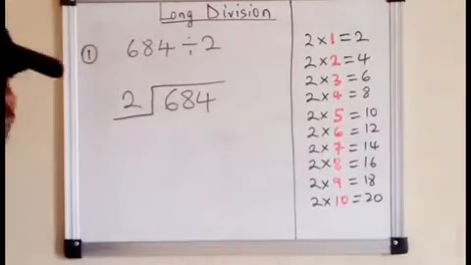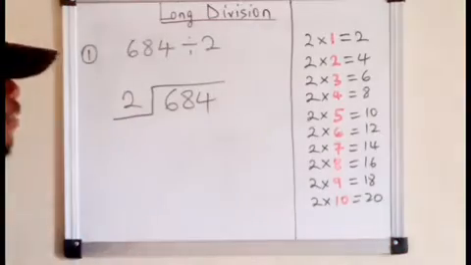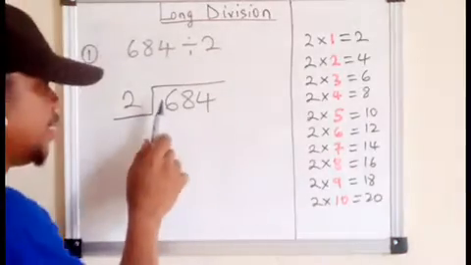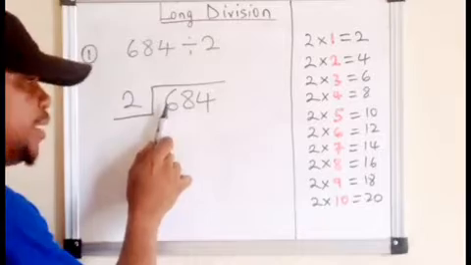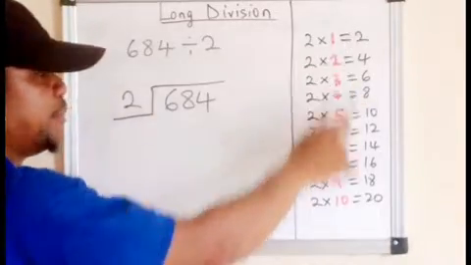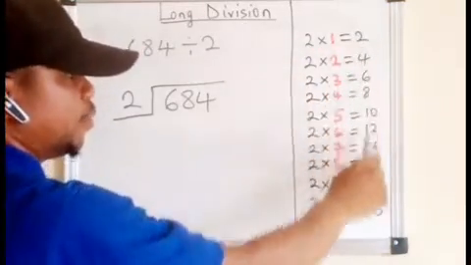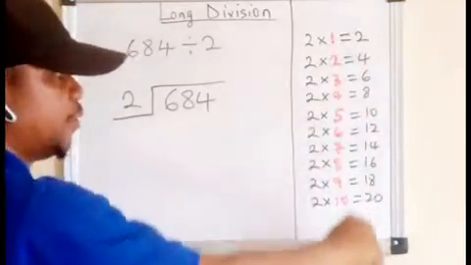Then let's begin. 2 divide 6. The first number here is 6, and that's the first one we are dividing. Go to your times table and look for 6 in this column.